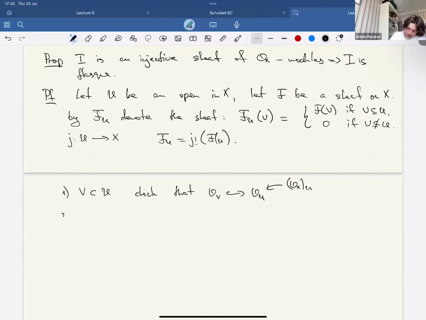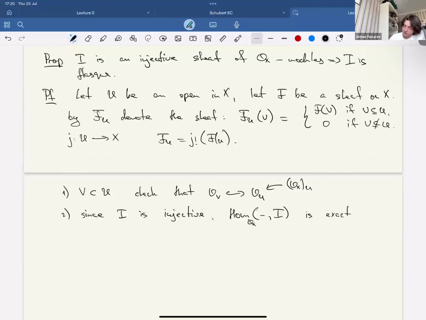Now, second, since I is injective, the functor Hom into I as O_X modules is exact.